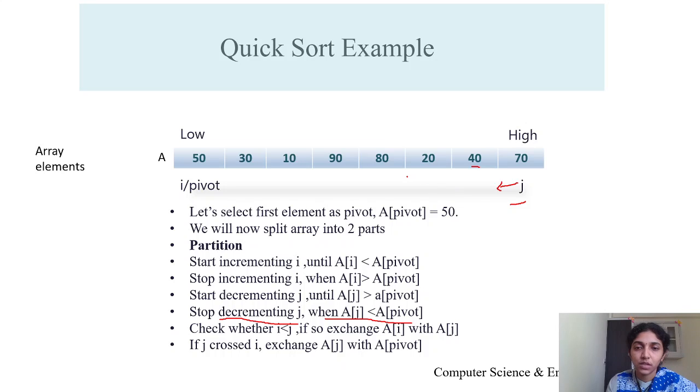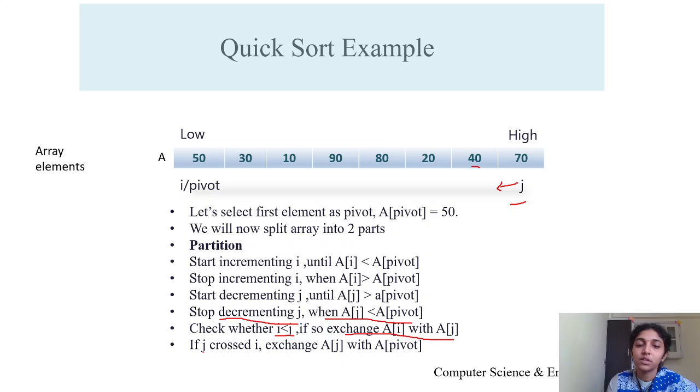Once you stop decrementing j and you have stopped incrementing i, now check the positions of i and j. If the position of i is less than the position of j, then you have to swap a of i with a of j.